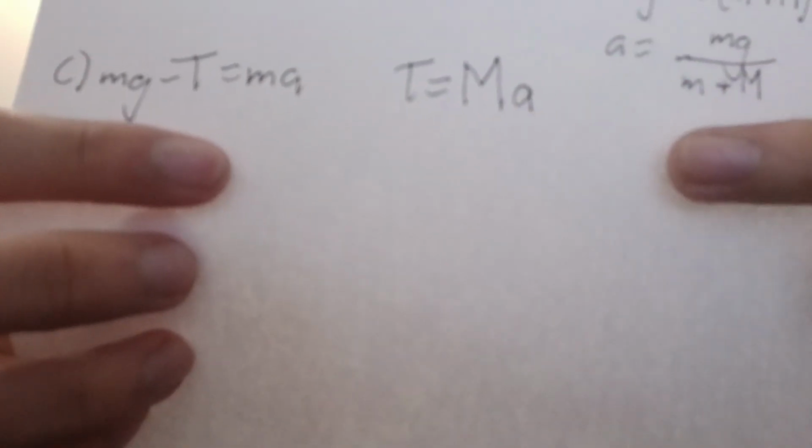All right, part C, expression for the tension. Okay, so again, write out the forces for both boxes. Like that. And then, no, never mind.